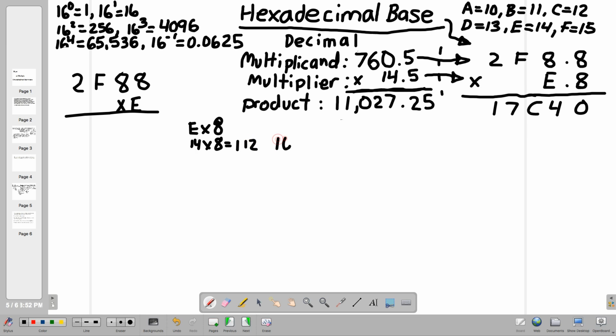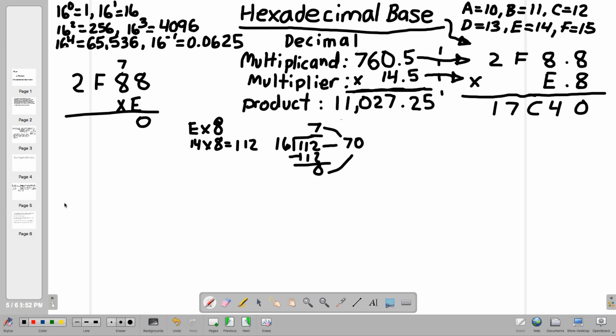So we divide 16 into 112. And divided by 16, we get a value of 7. And so we say 7 times 16 equals 112. So that means we're going to subtract 112 from 112, and that leaves a value of 0. So what this says is that the decimal value 112 is represented in hexadecimal by 70. And so we put a 0 here and carry a 7 to the next column.